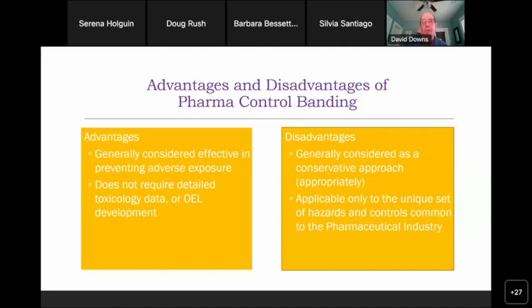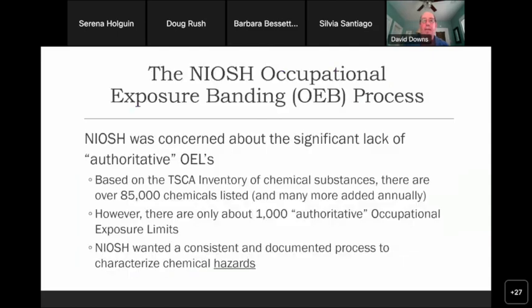So let's move on to the next area here. And what I'm going to go to is a description of the NIOSH occupational exposure banding process. So the NIOSH process has really been relatively recent.